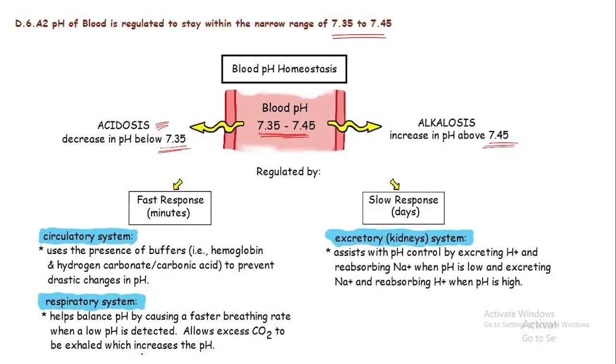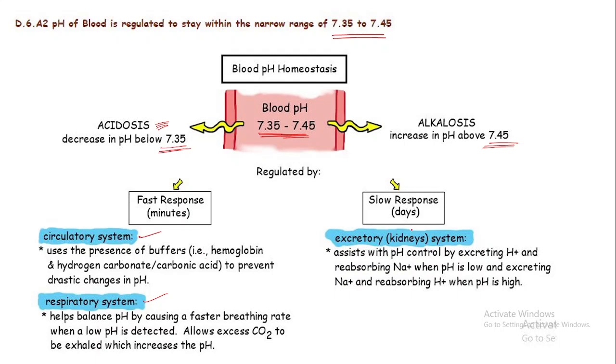More CO2 accumulation in the body has to be exhaled out, because if it is present in the blood, it is going to reduce the pH. So more breathing will allow more oxygen to enter, and as a result this oxygen will replace CO2 and somehow bring about the balance. This is what the respiratory system contributes. This is what the circulatory system contributes.